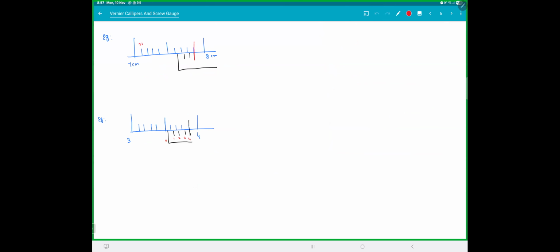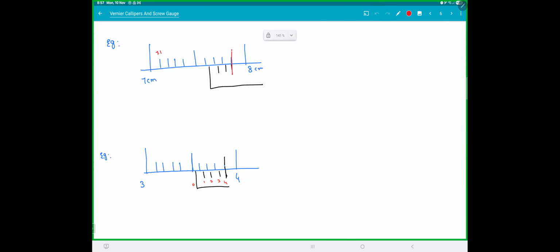What about these two? This is easy stuff. This is like proper Mains level or BITS level questions. Advanced they don't ask like this. The first thing will be 7.6 and third division is matching, 7.63. Yeah, most of you are getting it. What about the next one?